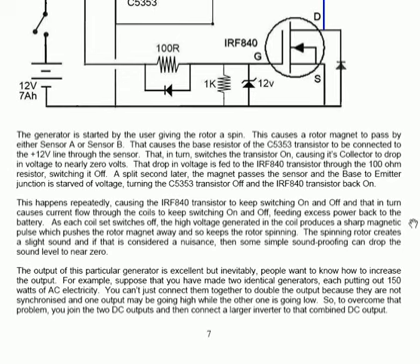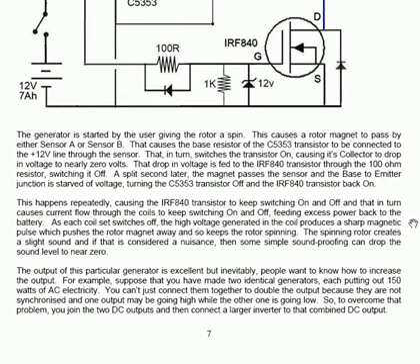The output of this particular generator is excellent, but inevitably people want to know how to increase the output. For example, suppose you've made two identical generators like this, each of them putting out 150 watts of alternating current electricity.